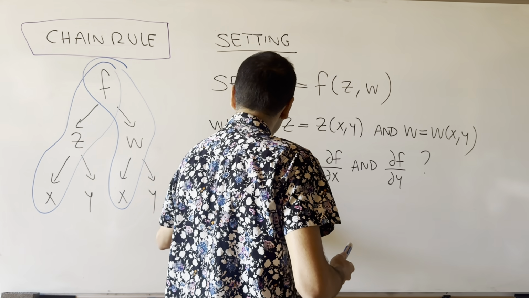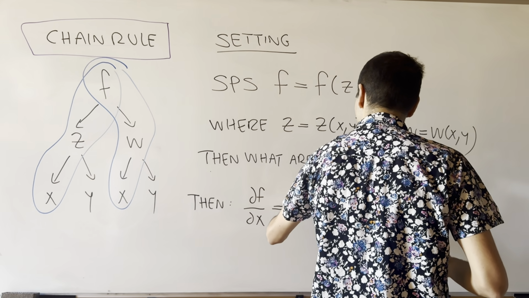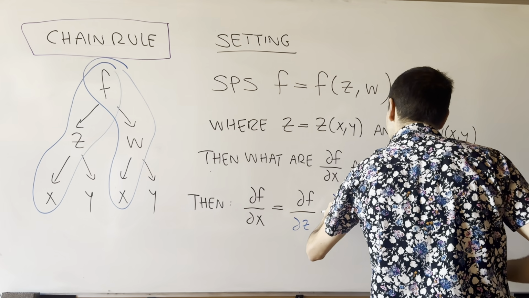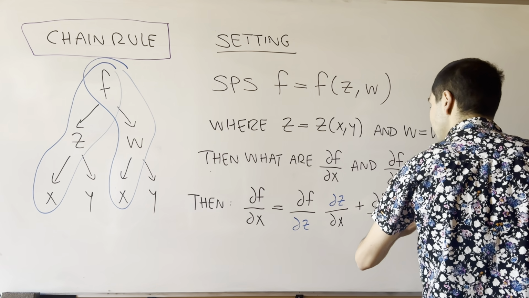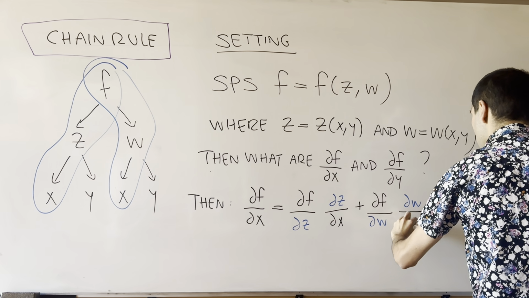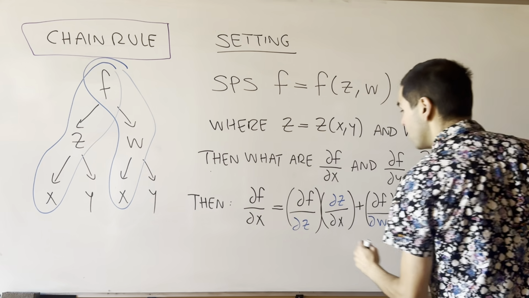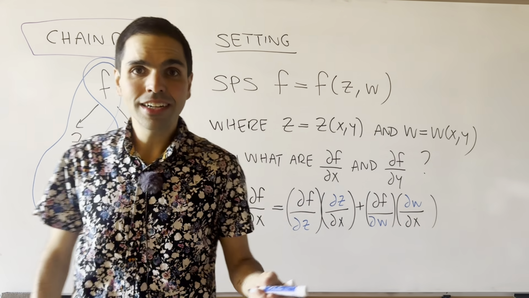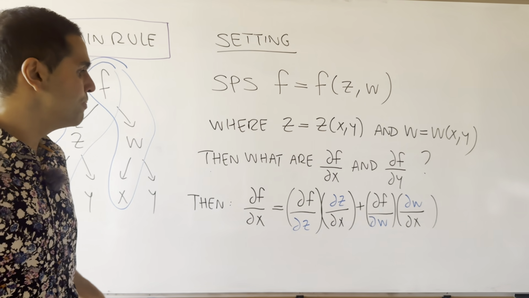So in this case, df over dx is df over dz times dz over dx plus df over dw times dw over dx. In other words, once again, to find the derivative of f with respect to x, you look at all the chains that end with x and you follow them.